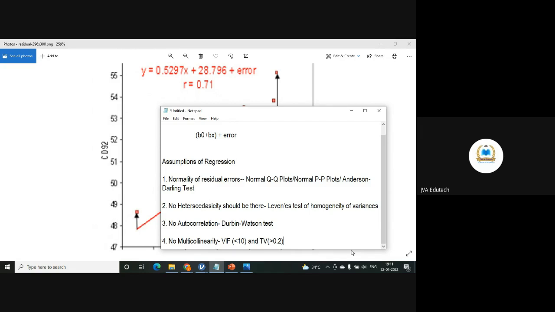If it is between 3 and 5, still it is acceptable. Above 5, up to 9, there is some problem, but the moment it is 10 or above, there is a serious problem of multicollinearity. So these four are the basic assumptions that should be kept in mind while doing regression.